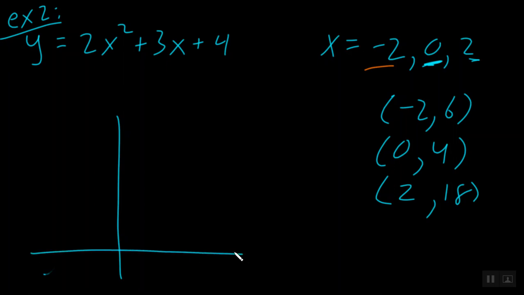So we kind of have a graph that's going to look something like this. If you go to the left 2 and then up 1, 2, 3, 4, 5, 6, here is going to be our very first point, (-2, 6). Our next point, (0, 4), 1, 2, 3, 4, it's right here. And lastly, our next value is at (2, 18).